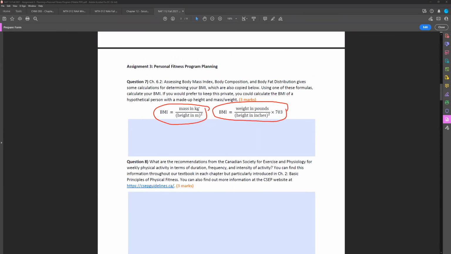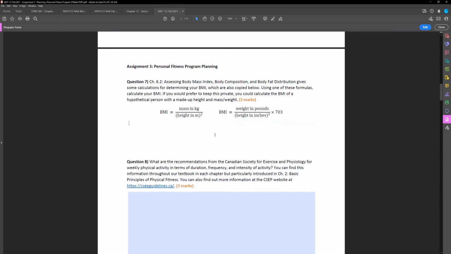If I know my mass in kilograms and my height in meters, I'm going to make up some totals here. I might say, okay, 75 kilo. Actually, let me type it the way I would do this if I were answering this. I could say my BMI equals 75 kilograms divided by, and you don't have to worry about the formatting of the math, just show me the numbers.